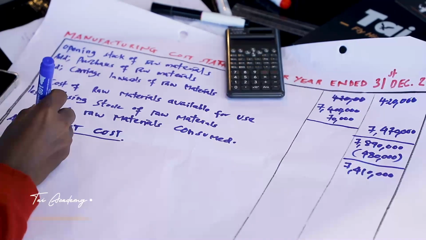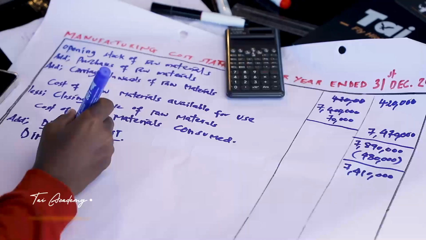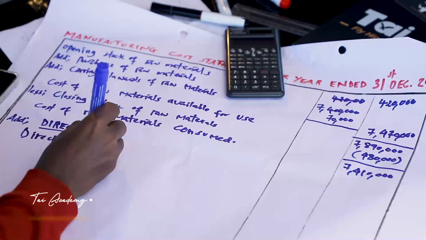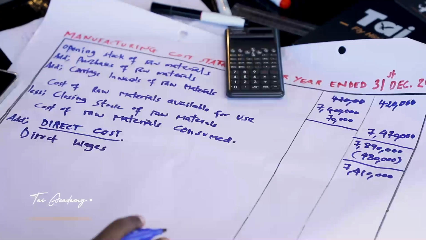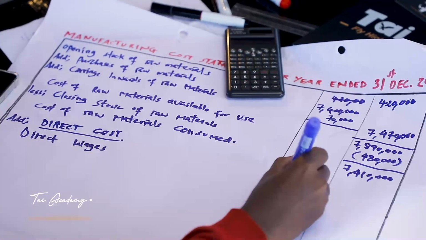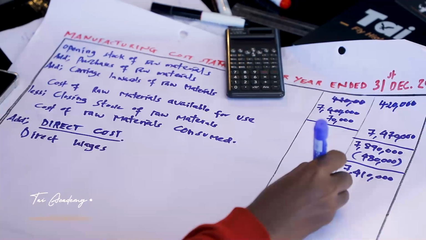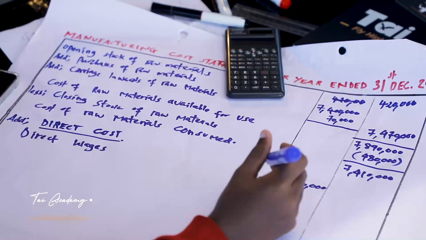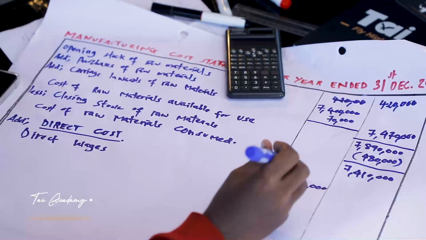We have direct wages of 3,600,000, and the other direct cost was royalties.